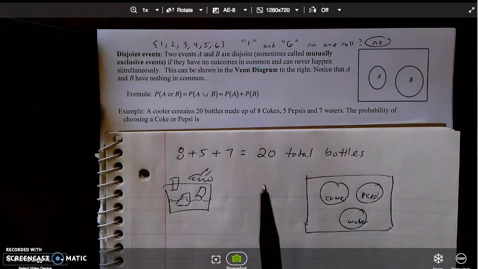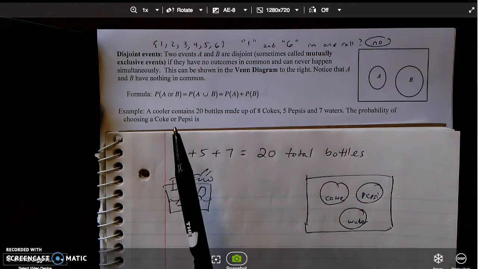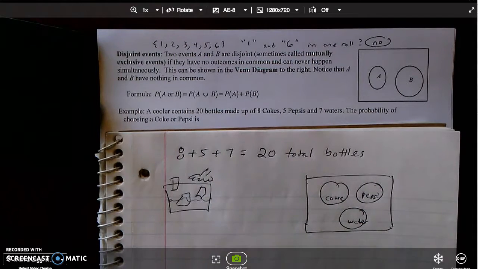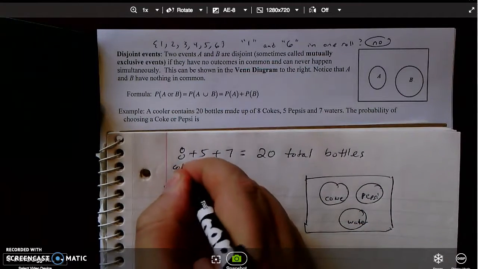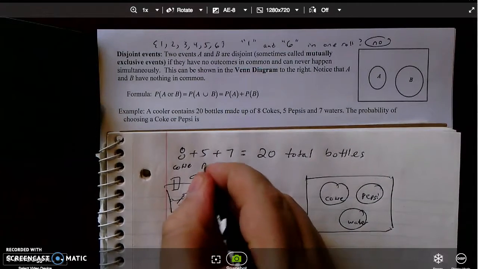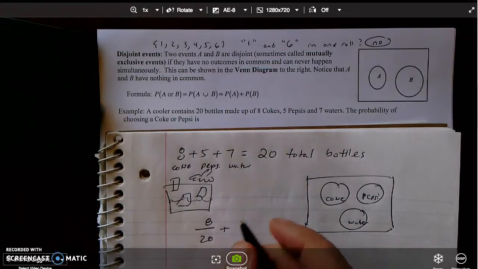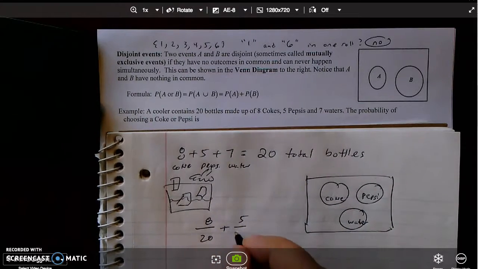In this case, when you see choosing a Coke or a Pepsi, that's a signal for addition. So what's the chance of the Coke? I've got 8 out of 20, plus this was Pepsi. They didn't ask me about the water. So plus 5 out of 20.